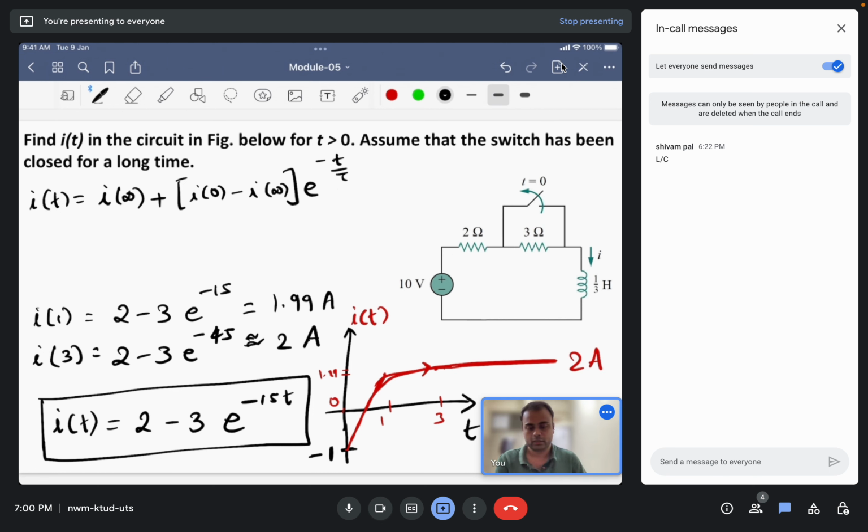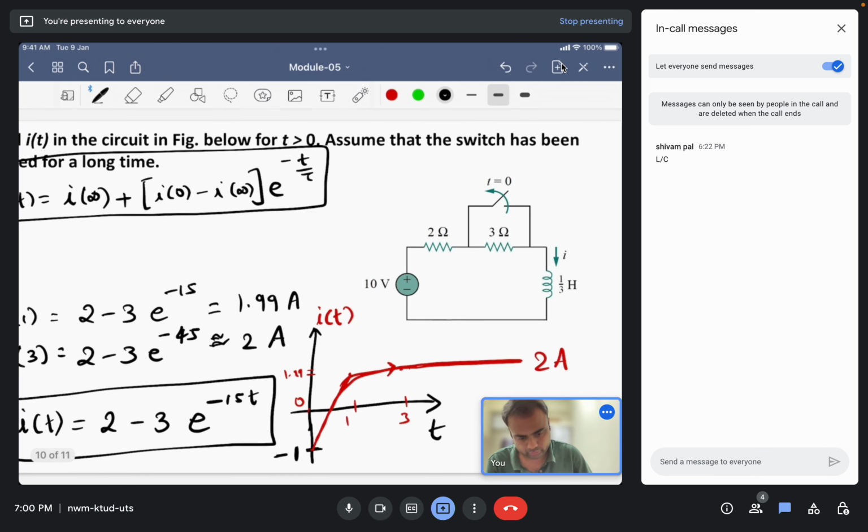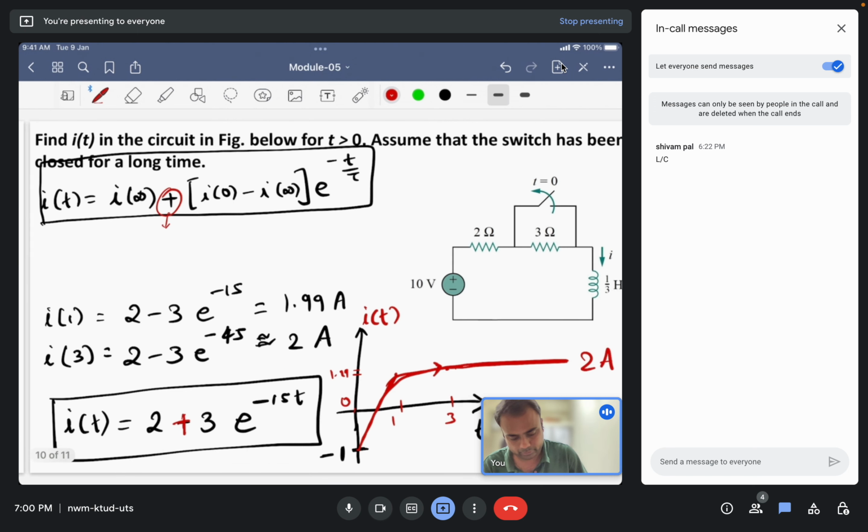Just check that I have used this correct formula. Here it will be plus. Instead of plus I have mistakenly taken minus, so this will be plus here.